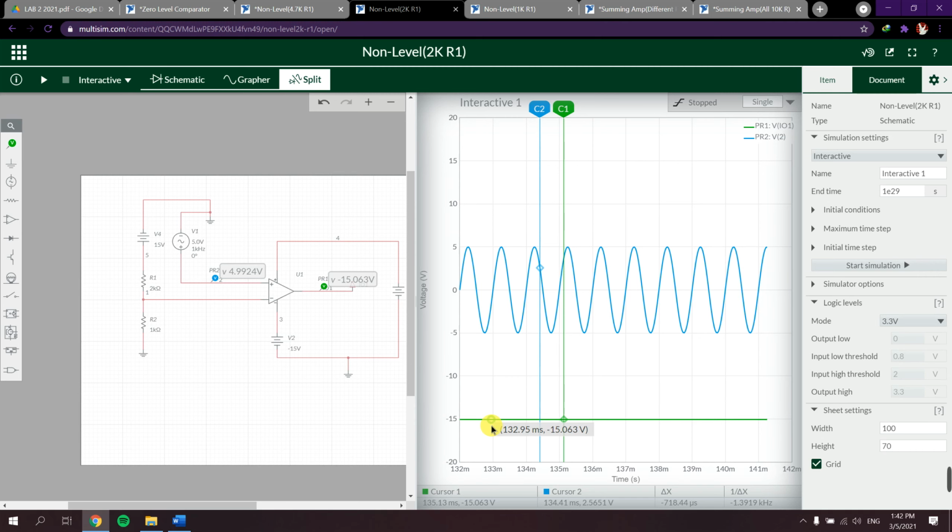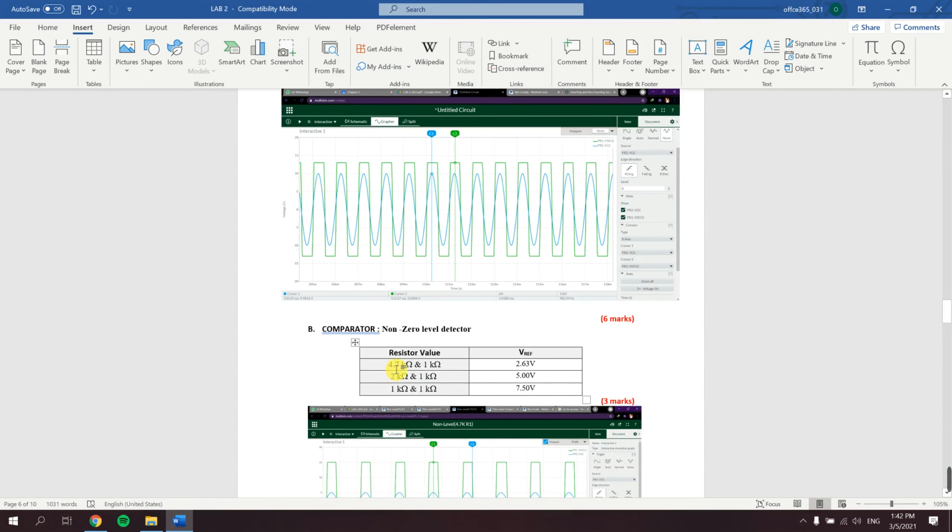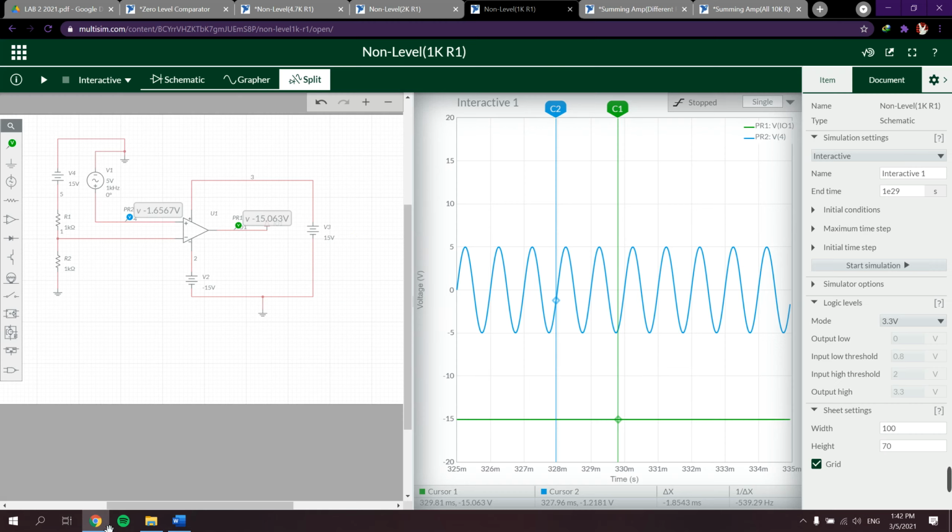Next is 1 kilo ohm R1, which is the same, because after we calculate, the V reference is 7.5. Our input cannot go beyond 7.5, so the output stays at negative maximum until we change the V source.